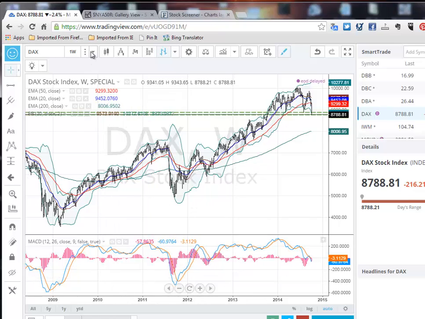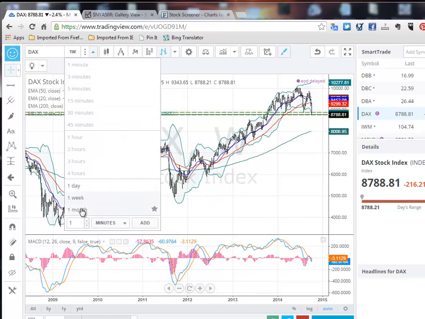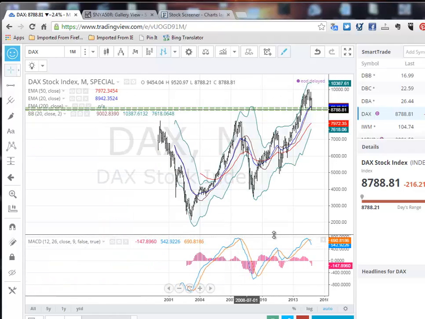We'll do the same on the monthly chart to see where we are. On the monthly chart, we've only just crossed over. It's still above zero, so on a monthly chart this index is still bullish, but it has crossed over. What we've got to be wary of is what happened in 2007, where we got the crossover and it just headed straight down.